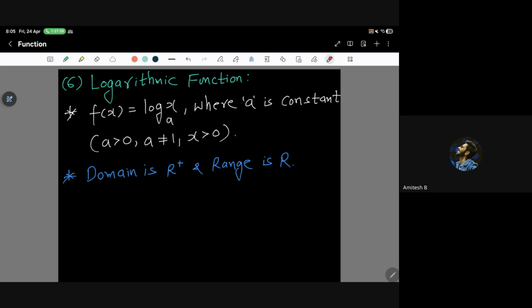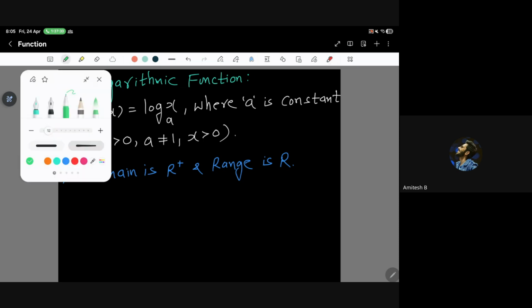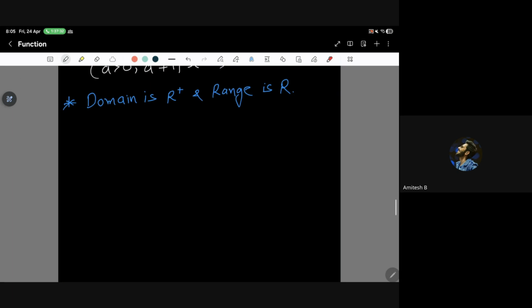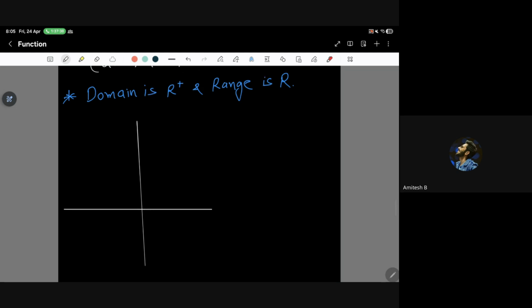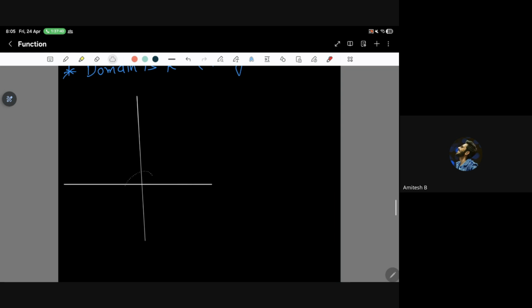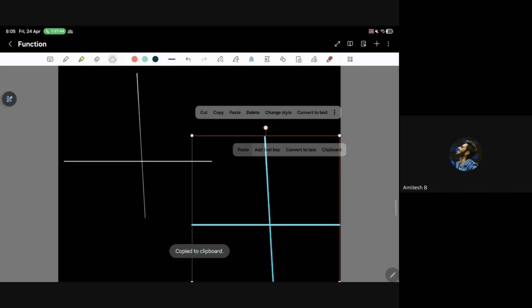Okay, now coming to the graphical part. So here also the graph will depend upon the nature of the base.